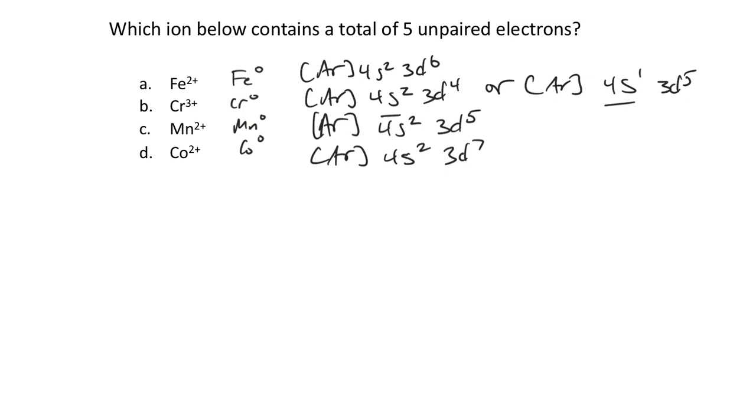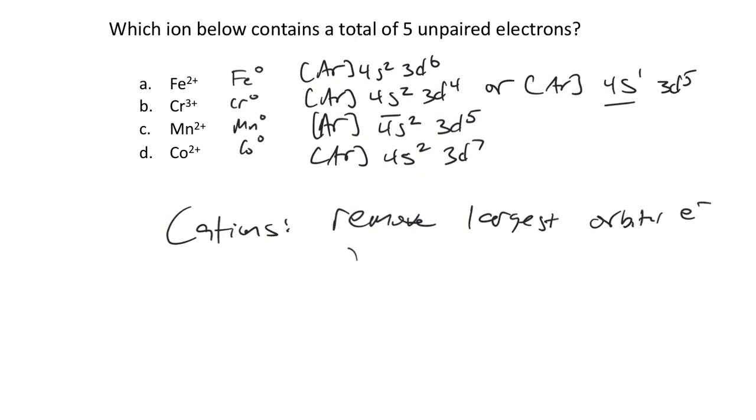Now for cations, the rule for cation configurations is you remove the largest electrons first. What that means is we remove them from the highest N with the highest L value.